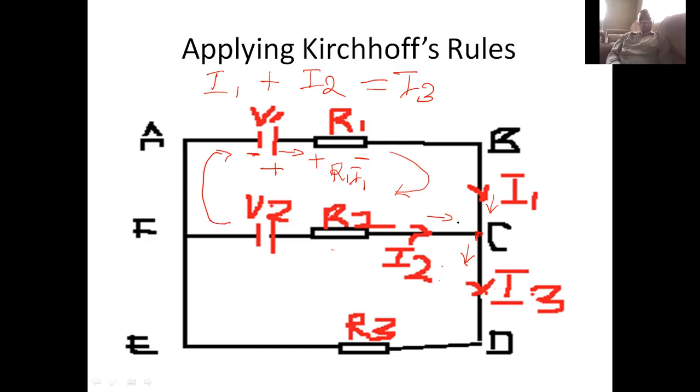Again, when this current reaches this junction, it goes this way, and here there is the voltage 2. This is the negative of the battery, this is the positive.